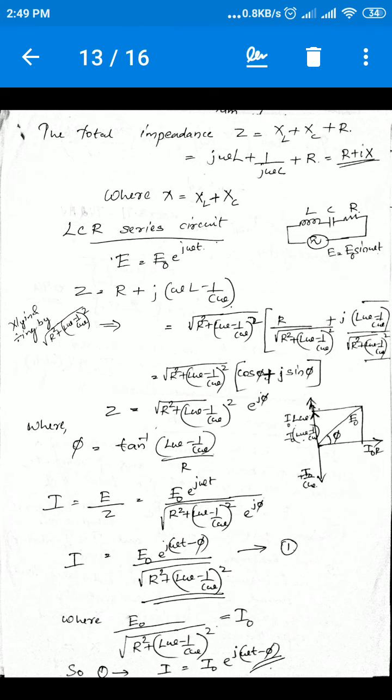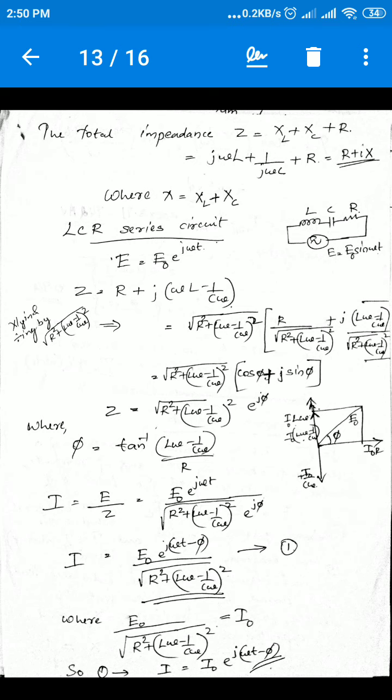Okay. Now we multiply and divide this Z value, on the numerator and denominator, by the square root of R square plus L omega minus 1 by C omega whole square. We just need to multiply the numerator and denominator of Z. We have done that, and you can see that when you divide and multiply with this square root term, what will you get there?